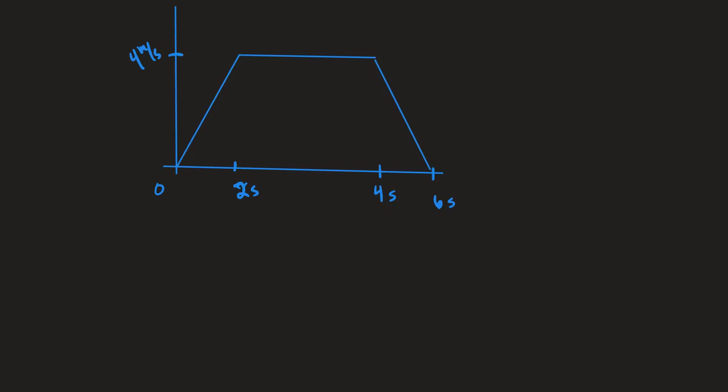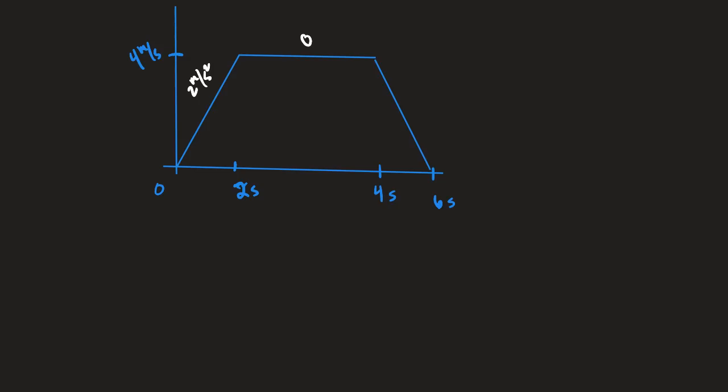And I'm supposed to calculate the average velocity and average acceleration from 0 to 4 seconds. Well, the average acceleration is 0. And I'm pretty confident. It has a positive acceleration for 2 seconds of 2 meters per second squared.